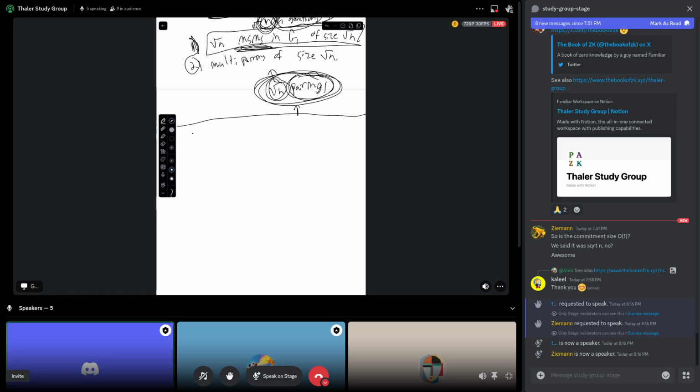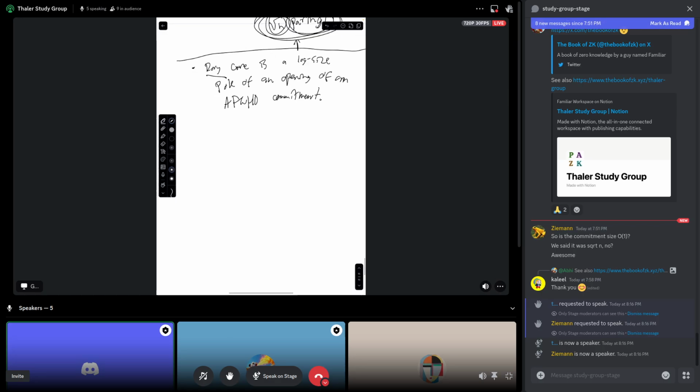So yeah. All right. So Dory, the other core of Dory is a log size proof of knowledge of an opening of an AFCO commitment. Remember, if the commitment key is G, this would be a vector in G2.